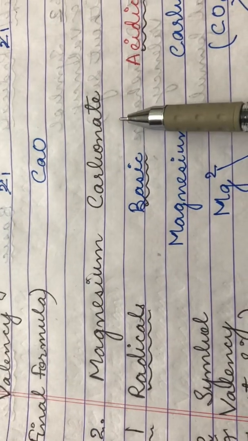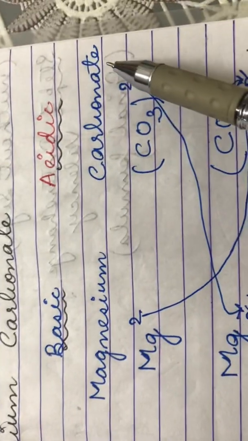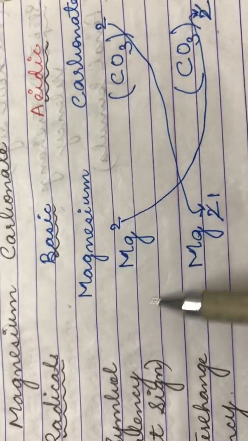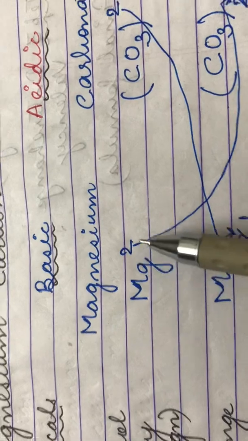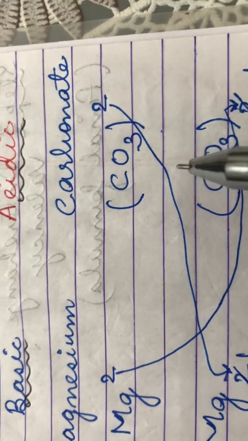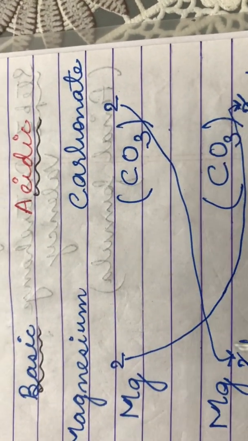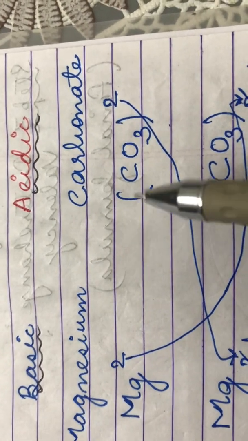Let's take the second example, magnesium carbonate. In magnesium carbonate, the basic radical is magnesium and the acidic radical is carbonate. The symbol of magnesium is Mg, its valency is 2. Carbonate is CO3, its valency is also 2. Here you need to note and make sure that you do the step this way to avoid any confusion.